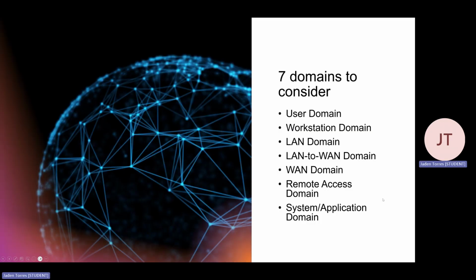All right. So in this presentation, I would like to inform y'all that there is 7 domains to consider when implementing this kind of framework into our business. There is the user domain, the workstation domain, the LAN domain, the LAN to WAN domain, the WAN domain, the remote access domain, and the system application domain.